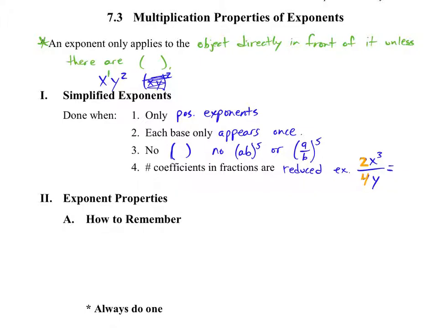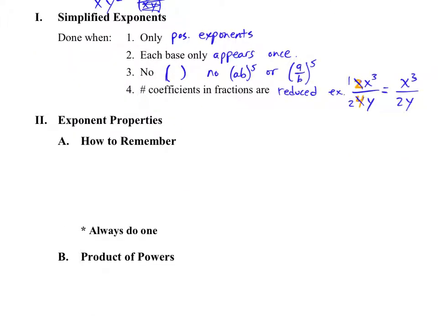So we don't need to write the 1, agreed? We could just say it would be an x to the third in the numerator and then a 2y in the denominator. Essentially, this becomes a 1, this becomes a 2, because x to the third over 2y. So we'll do a bunch of examples with this close to the end, and that'll really help, I think.